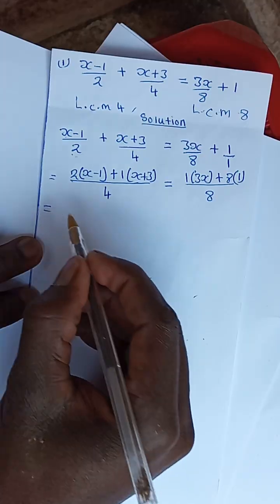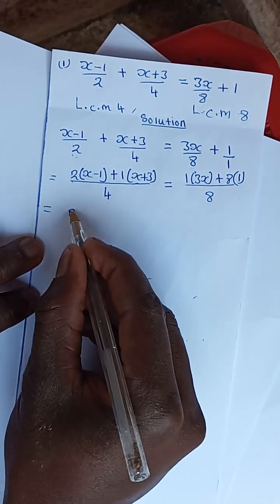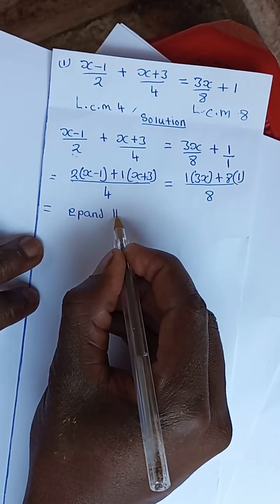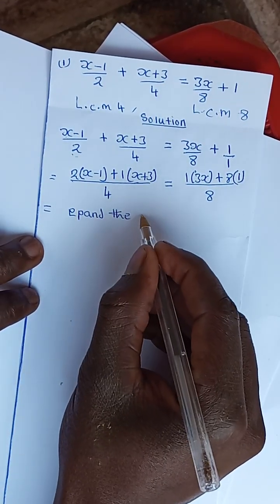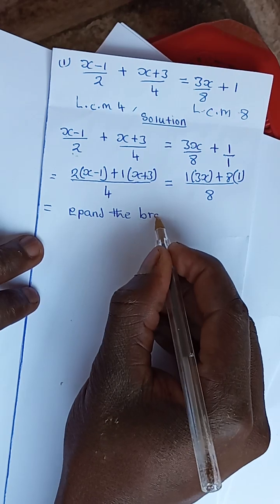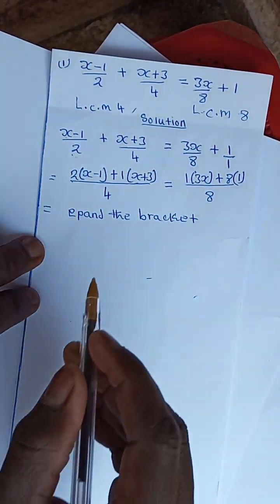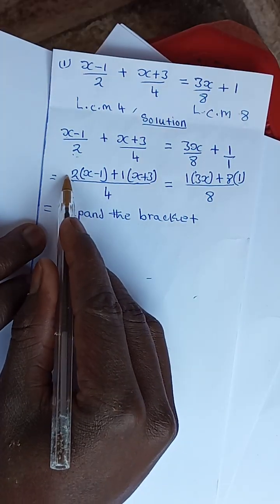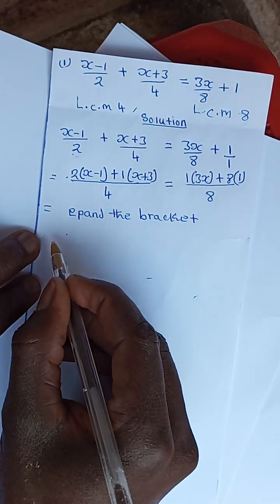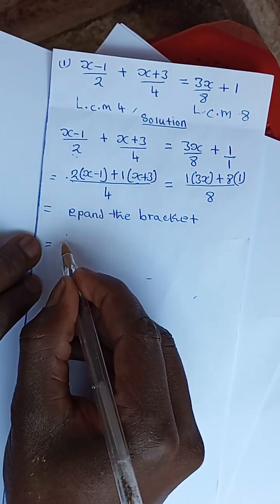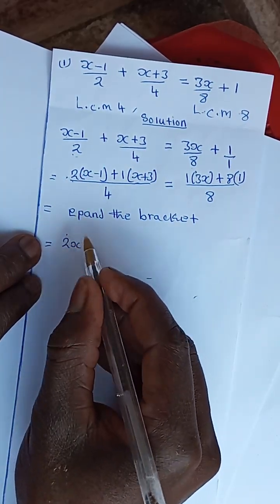Now first of all, what we are going to do, we expand the bracket. Plus times plus is plus. 2 times x, we have 2x.